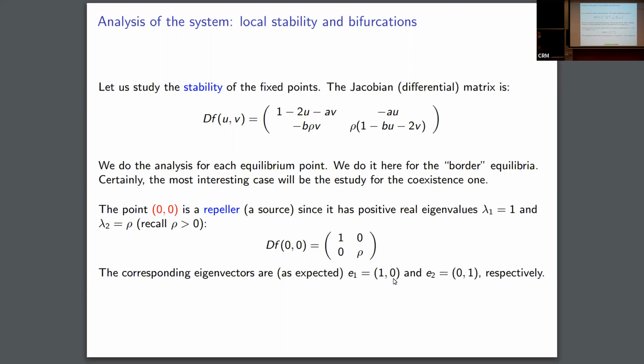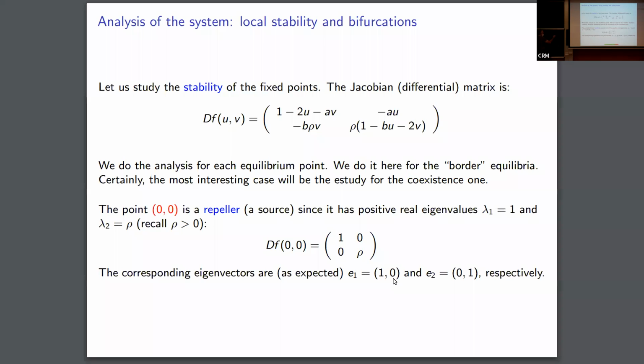For instance, if rho is smaller than 1, this is smaller. So this is E1 and this is E2, where E2 is the eigenvector related to rho. If this is a small one, it means that the first one is the faster.